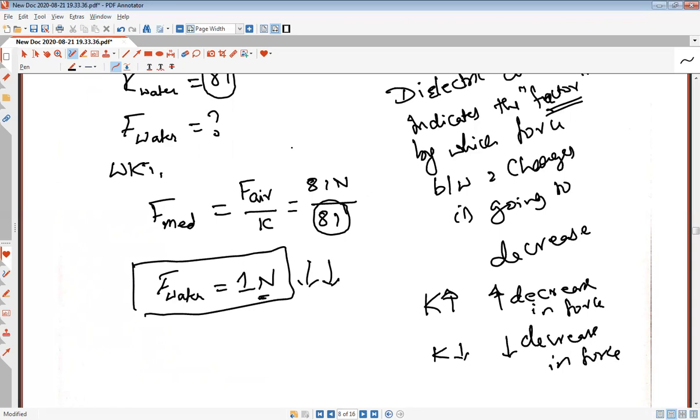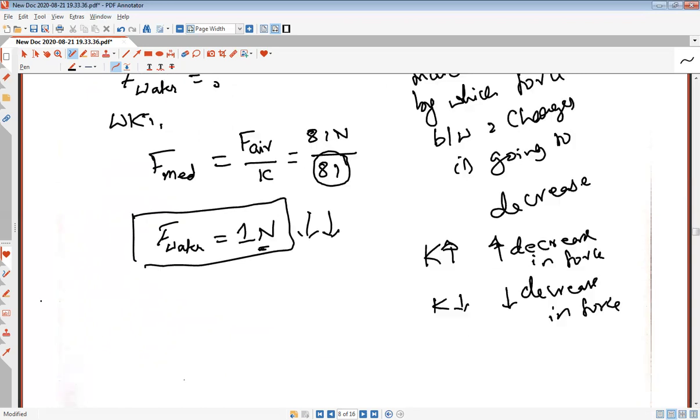Here the dielectric constant was given as 81. Suppose for some other medium, if k is equal to 10, suppose the dielectric constant is given as 10. Now what will be the force in that medium?